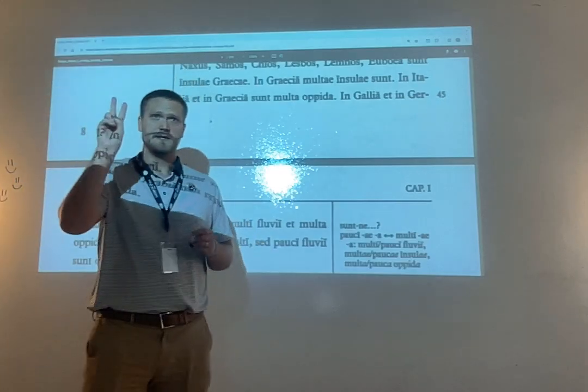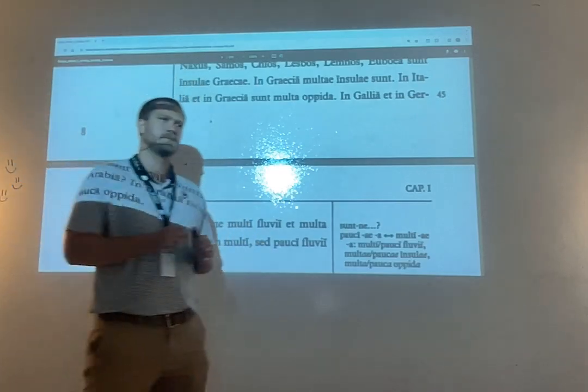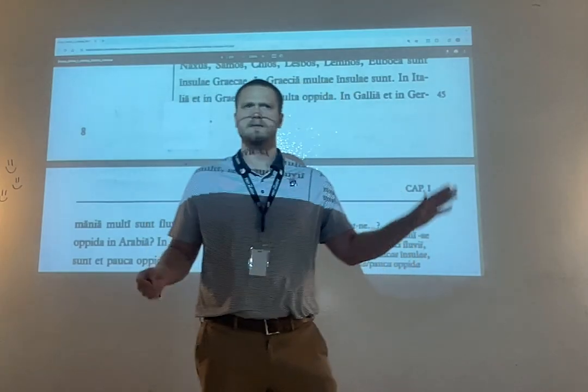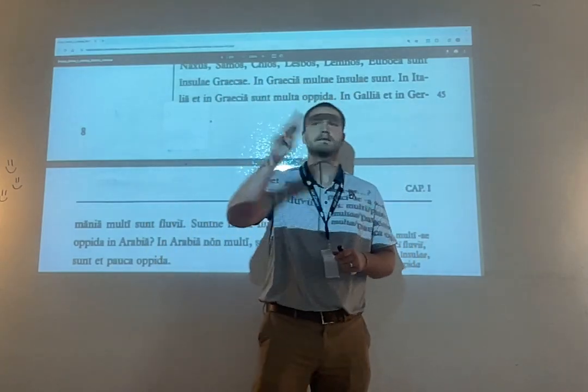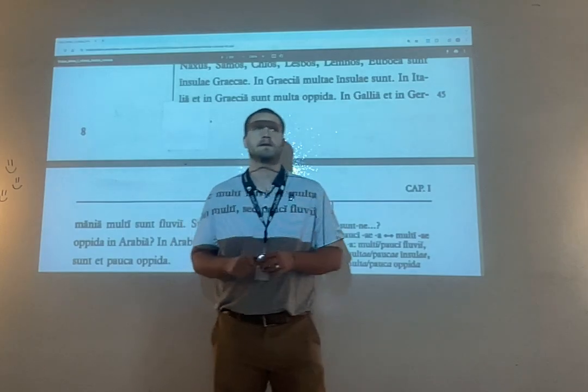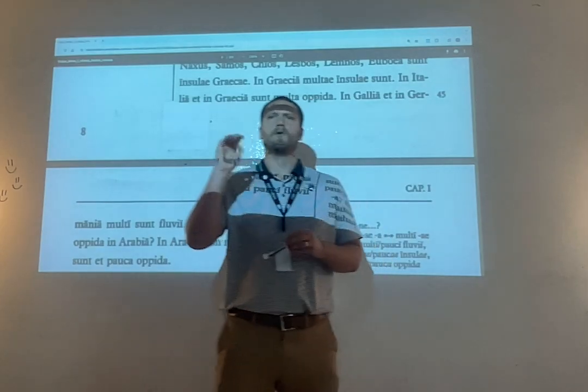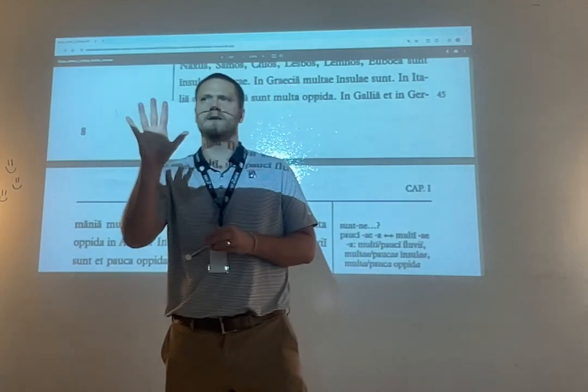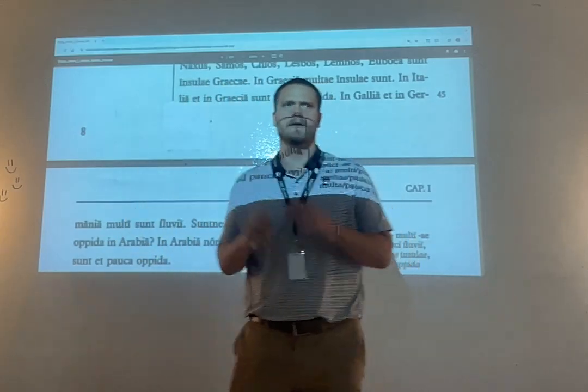Second one is genitive. Good. And this is the order they will always be in. All right. Third one is dative. Fourth one is accusative. Good. And then the last one is always ablative. Good. Okay. Very good, y'all.